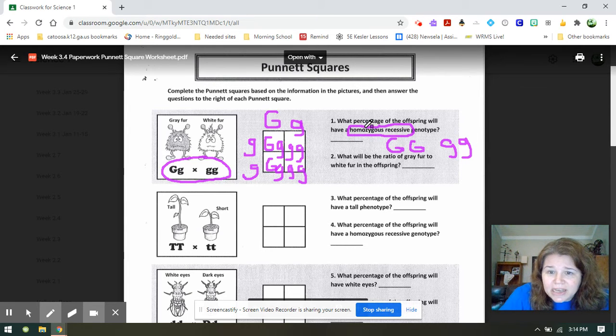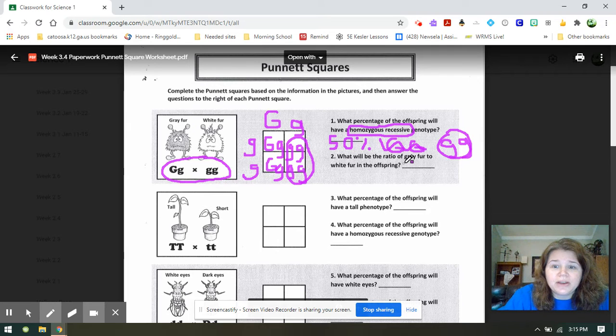That's what homozygous is. But if we jump over to recessive, recessive means lowercase. So we can cross this one out, and we're just looking for what percentage of the offspring will give us homozygous recessive genotypes. And here we have both of those. If we take 2 of the boxes out of 4, we know that that is 50%. So this answer would be 50%.